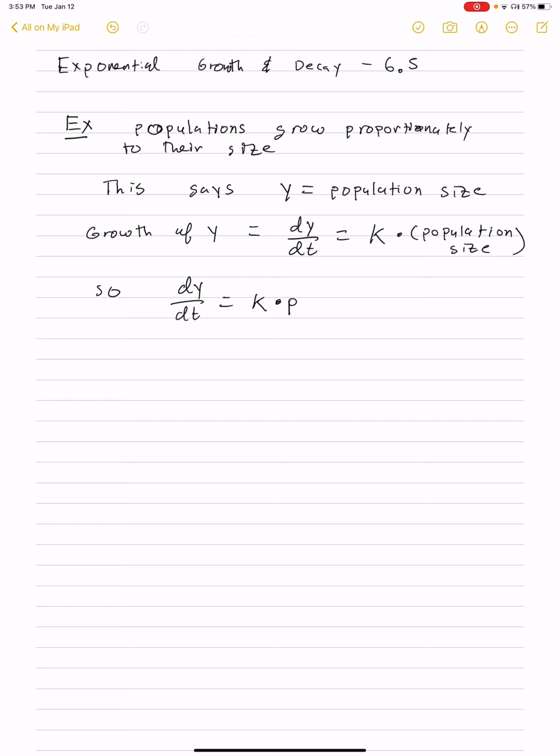And so this is what's called a differential equation, okay? And you don't know that yet, but it's a separable differential equation. And what I mean by separable is that we're going to treat dy/dt as a fraction.